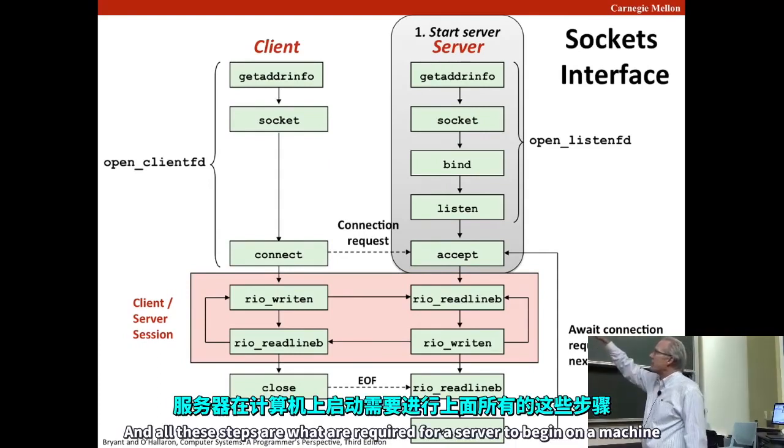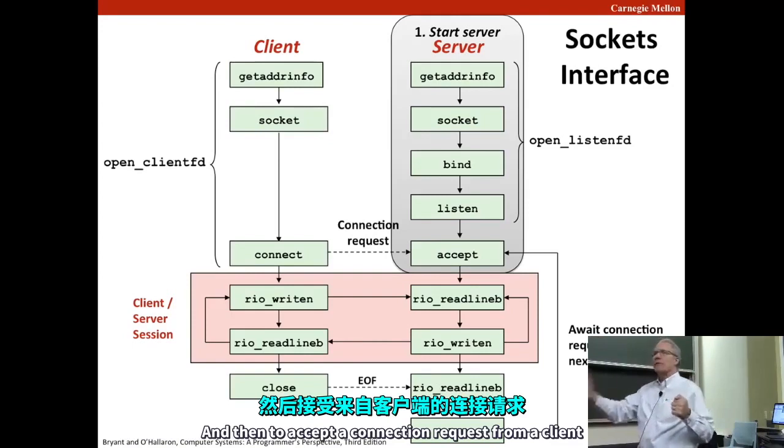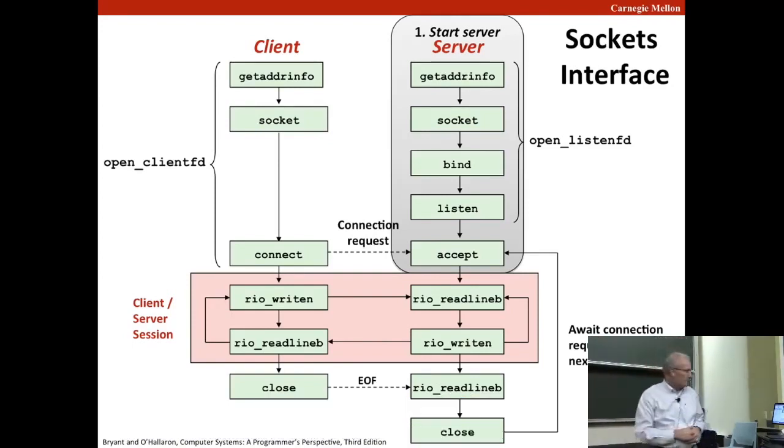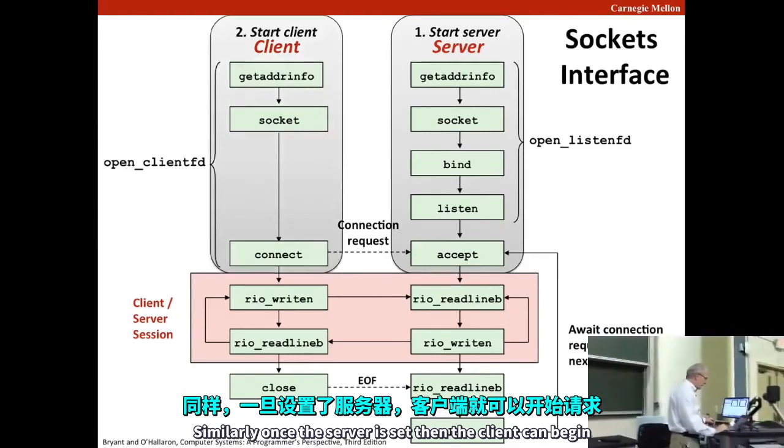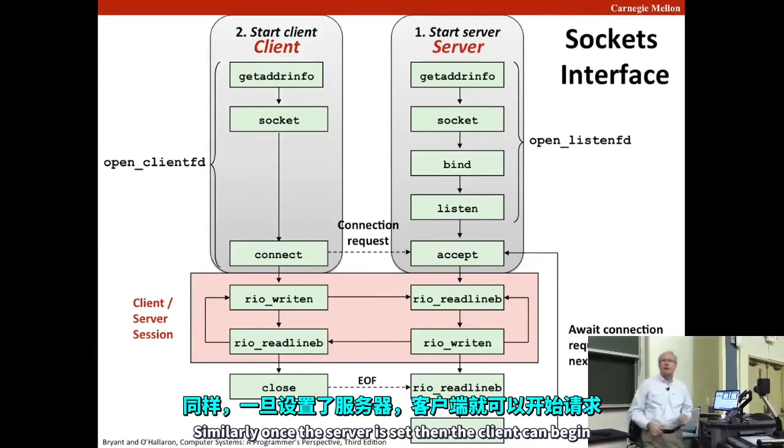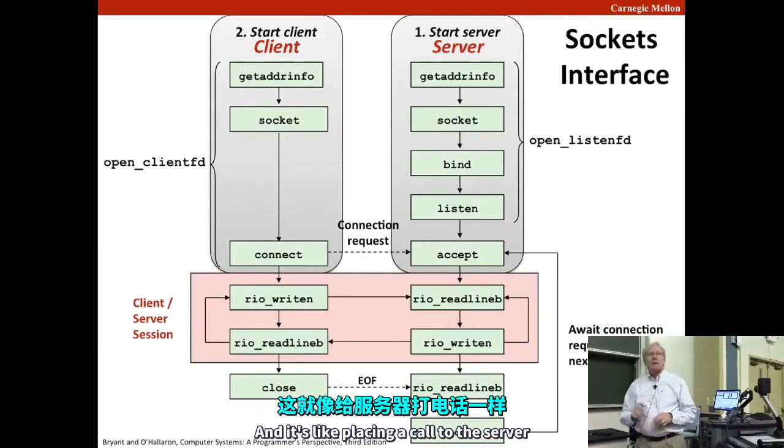All these steps are what's required for a server to begin on a machine and then accept a connection request from a client. Similarly, once the server is set, the client can begin, and it's like placing a call to the server.